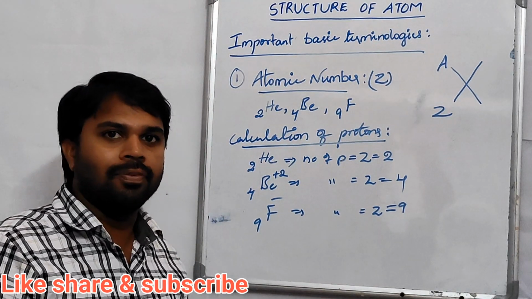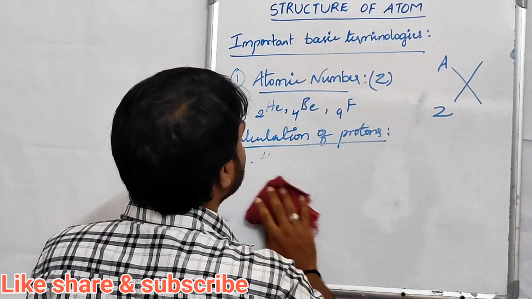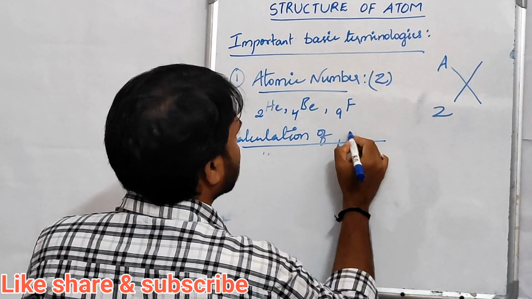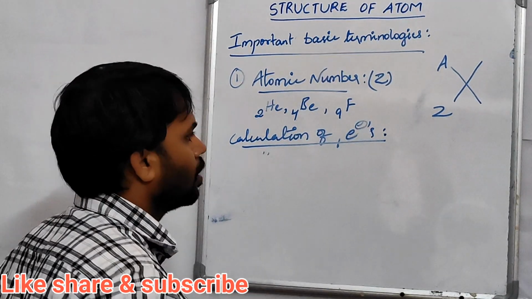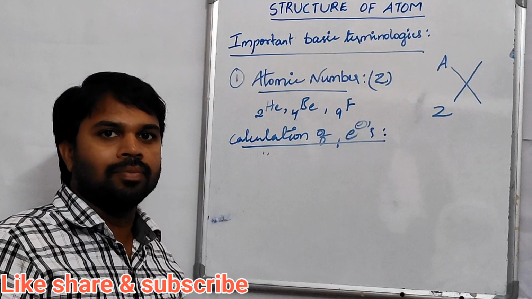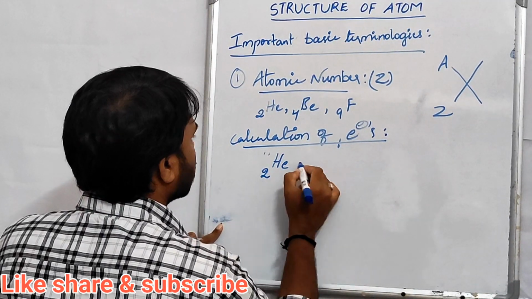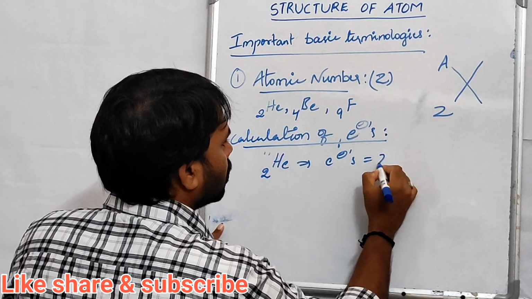Let's see the calculation of electrons. In case of neutral atom, number of electrons is equal to the atomic number that equals 2.